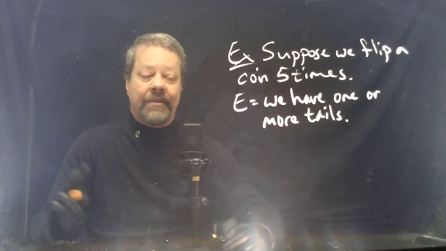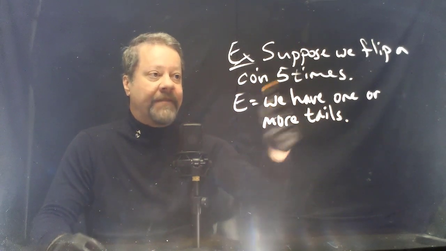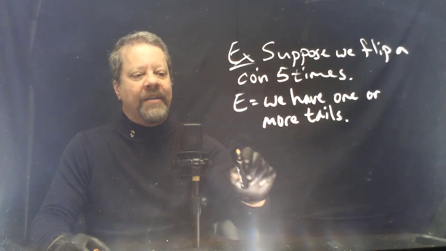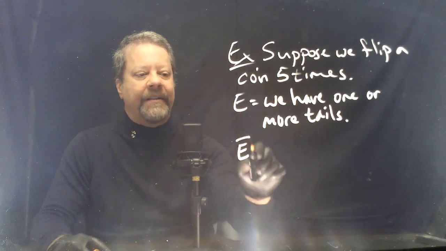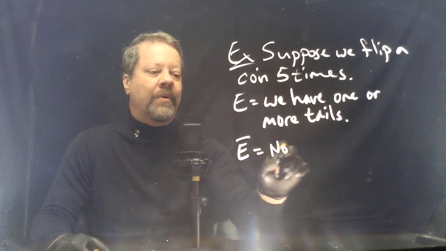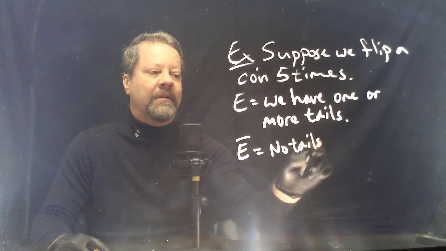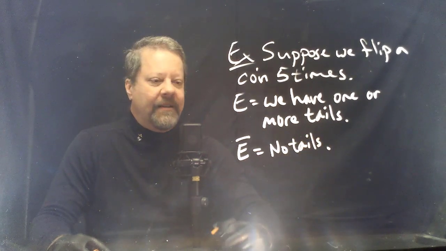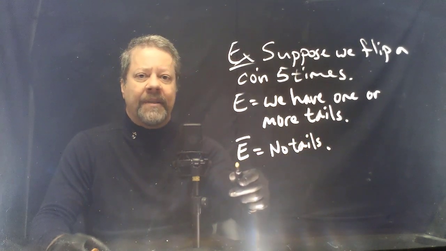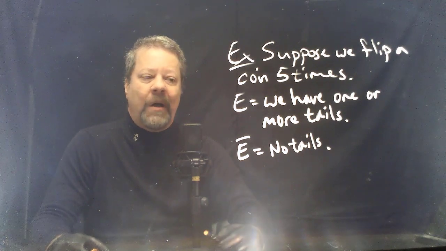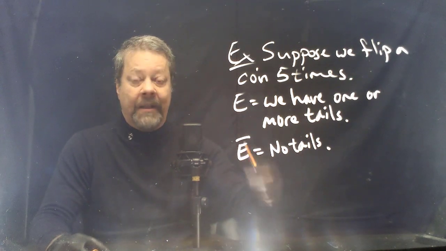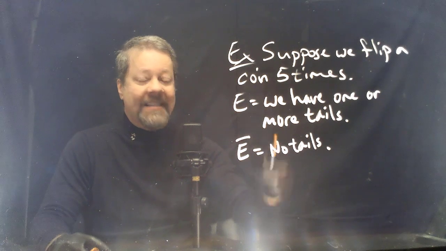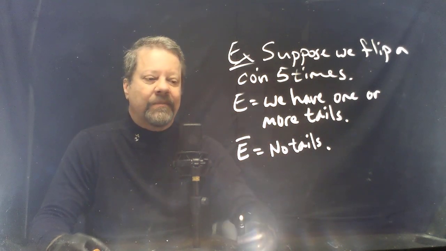One tail, two tails, three tails, up to 5 times, 5 tails. But notice that the complementary event is that we have no tails. This is a much simpler event. The complementary event has only one element, that you flip the coin and get heads 5 times in a row.